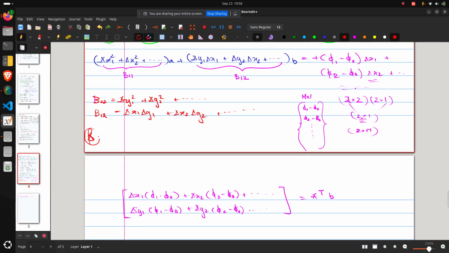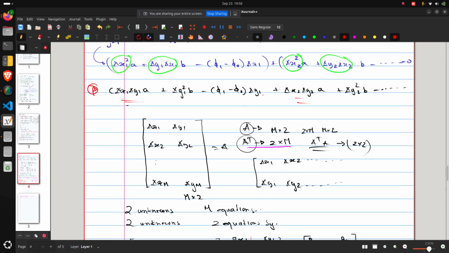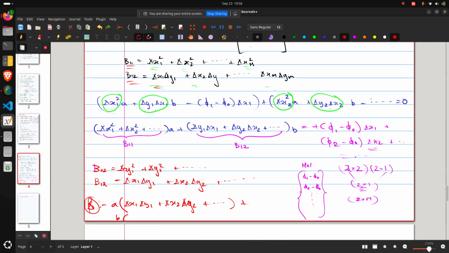Now in equation beta, we got A times delta x1 delta y1 plus delta x2 delta y2 plus so on, plus B times delta y1 squared plus delta y2 squared and so on.